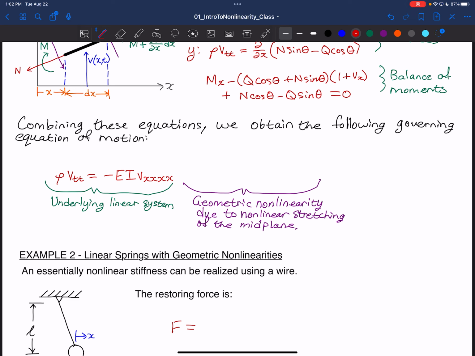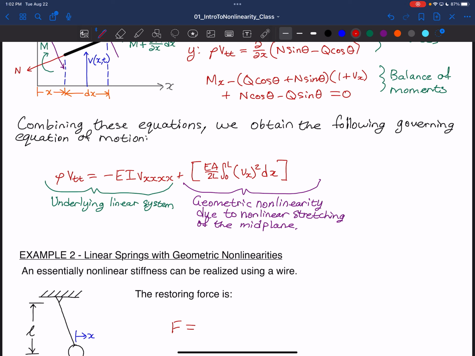And then the second term over here, we're going to have the quantity EA over 2L times the integral from 0 to L of v_x squared dx.